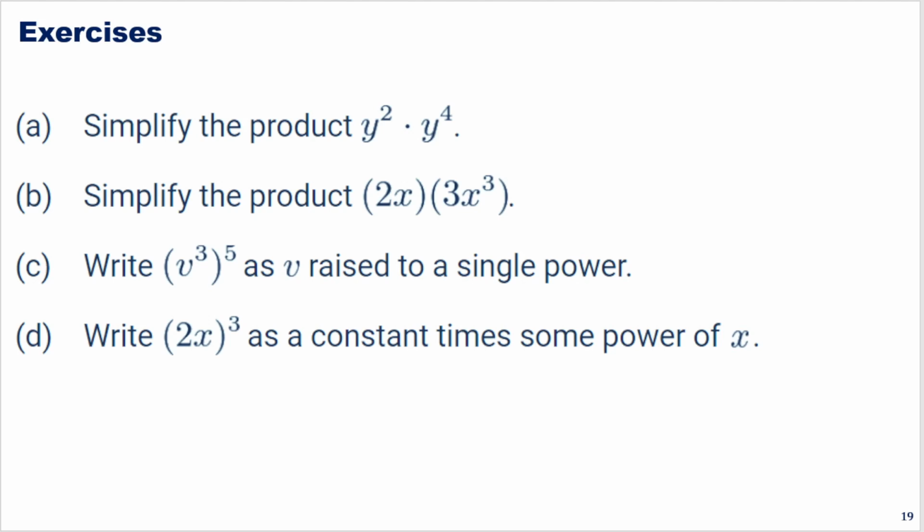And simplify the product 2x times 3x cubed. Write v cubed to the power 5 as v raised to the power of single power. And last, write 2x to the power of 3 as a constant times some power of x.